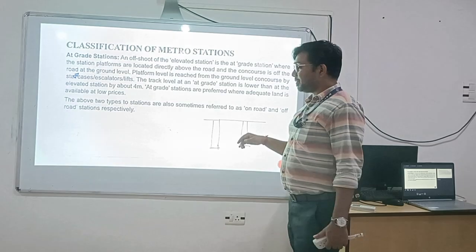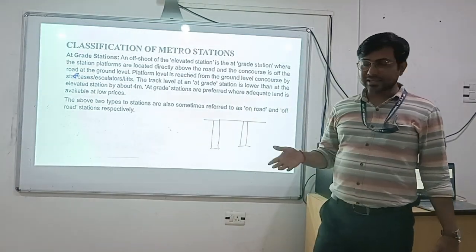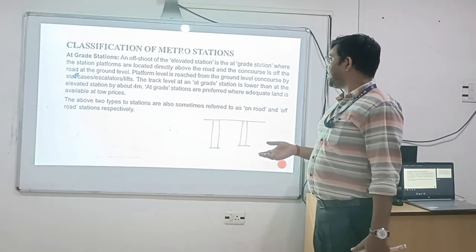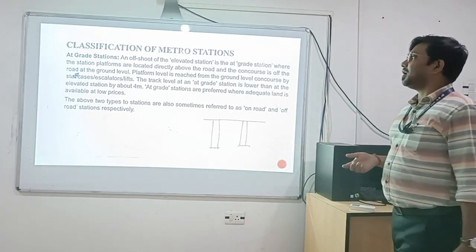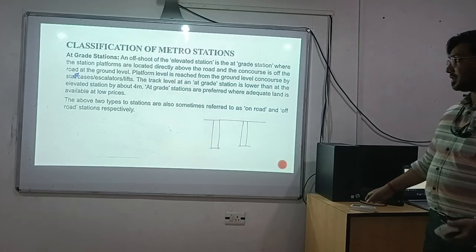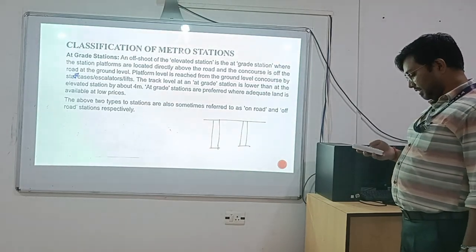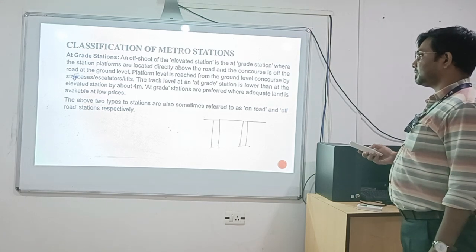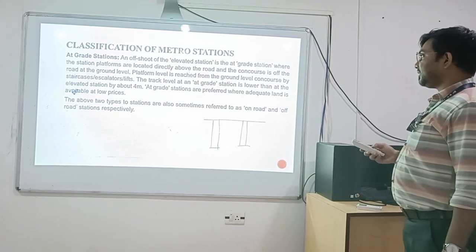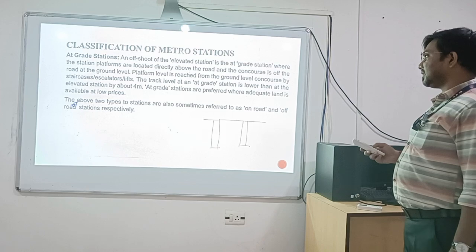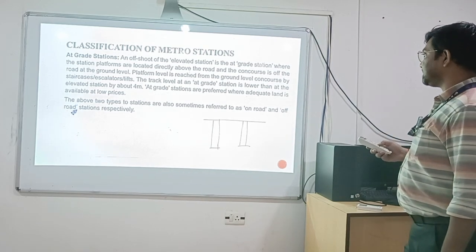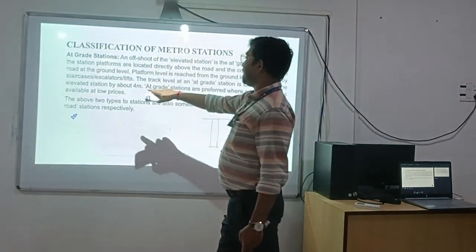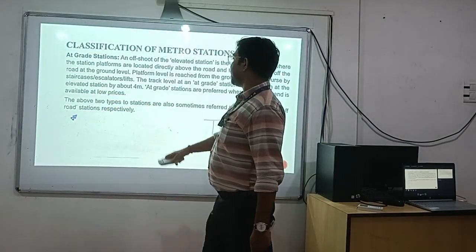And the platform level is the second level, and the highest level in this kind of at-grade station. This platform level may be accessible by staircase or escalator facilities. The track level in this kind of at-grade station is lower than in the elevated station by about 4 meters.